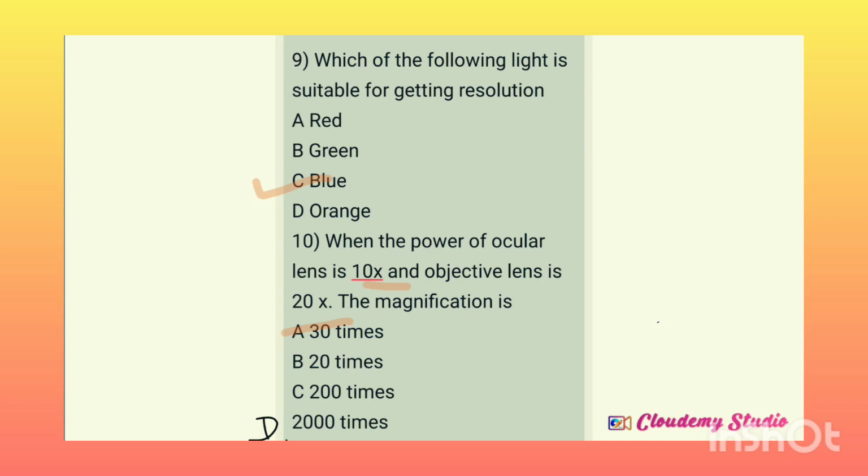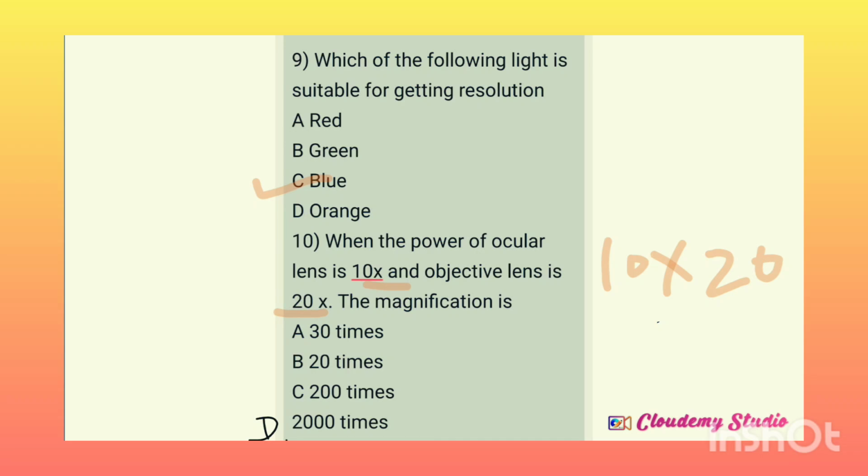the magnification is? The magnifying power of a microscope is determined by multiplying the magnifying power of the ocular lens by the magnifying power of the objective lens. Here the ocular lens magnification is given as 10x. 10x means 10 times, and 20x means 20 times.